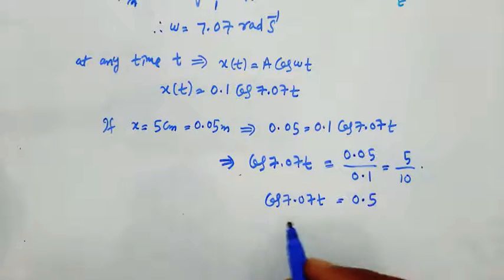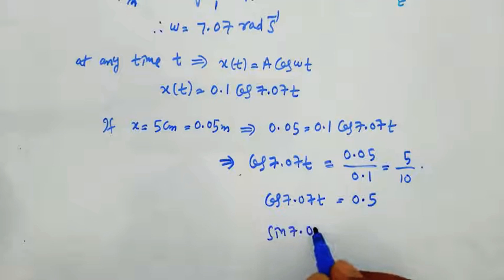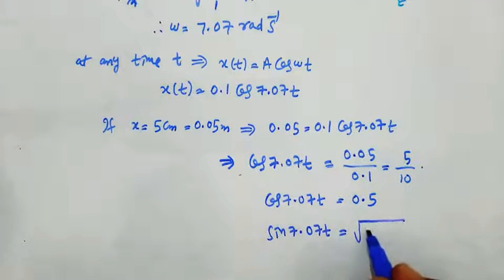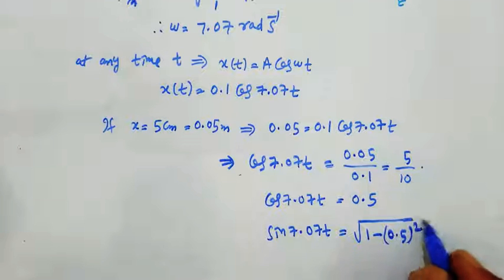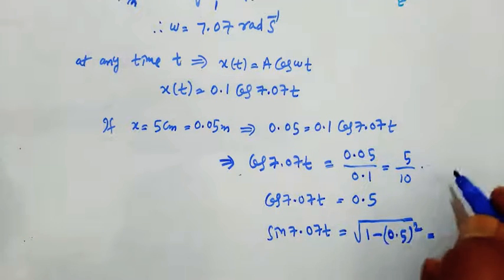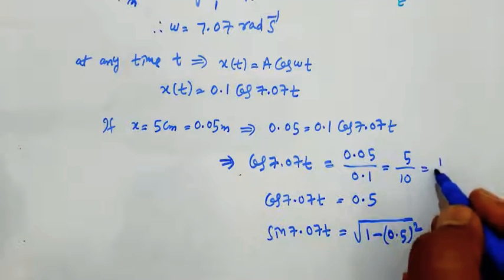So from this, what about sin 7.07 t? That is the square root of 1 minus cos square theta. Here cos square theta is 0.5 whole square, and 5 by 10 is 1 by 2.